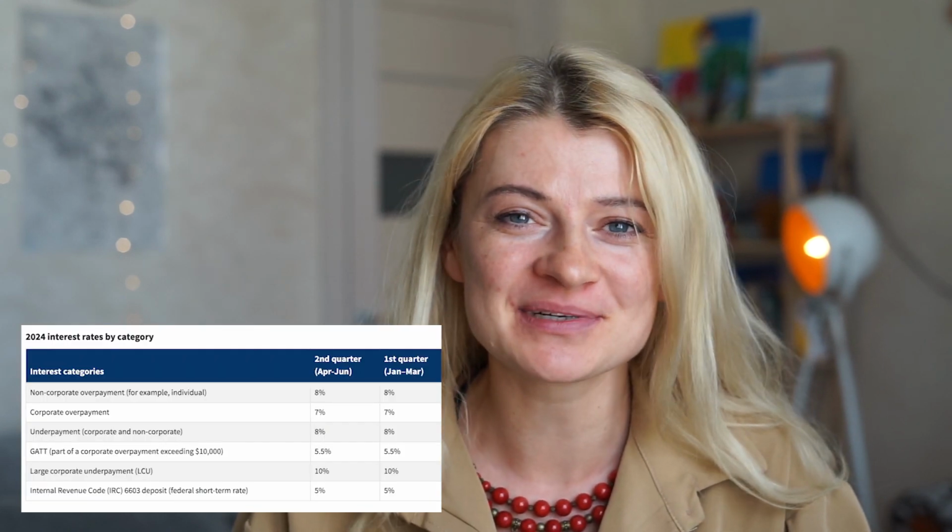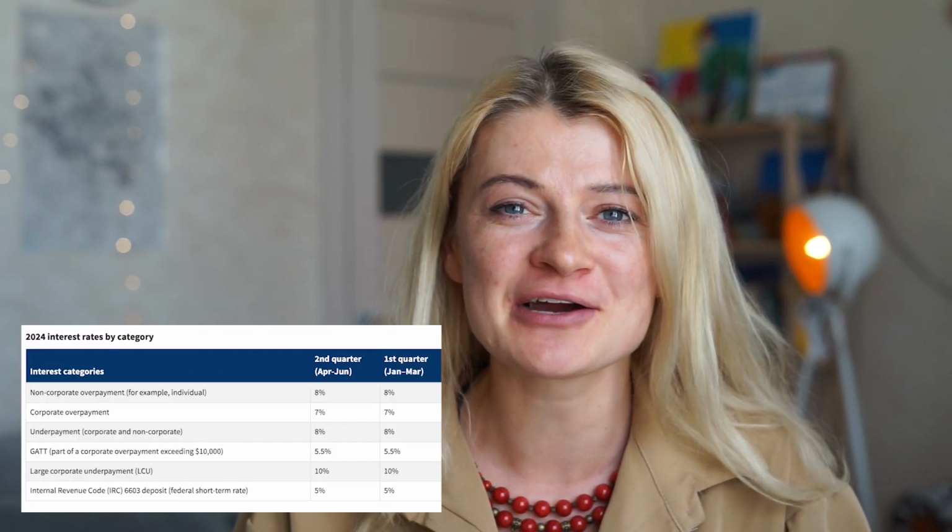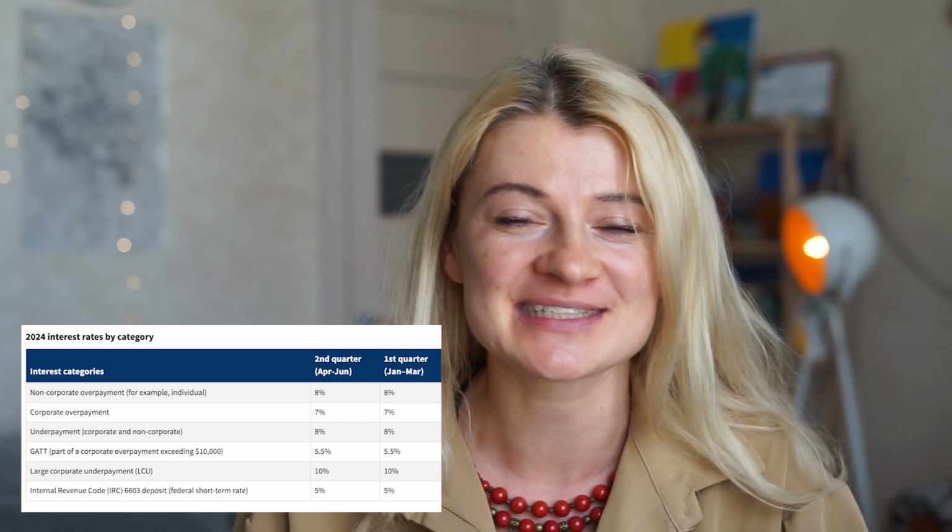The interest rate for quarterly estimated payments is set every quarter by the IRS by adding 3% to the federal short-term rate. For example, in 2024, the short-term rate is 5%, so we add 3% to 5%, and that's how we come up with this interest rate. It's 8%.